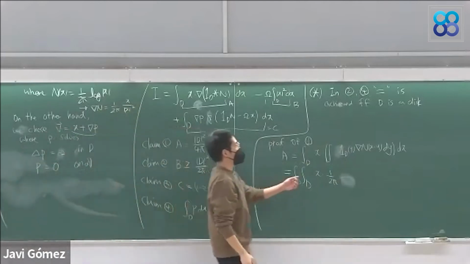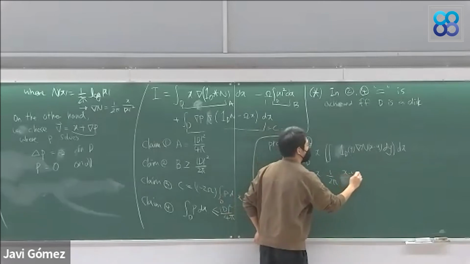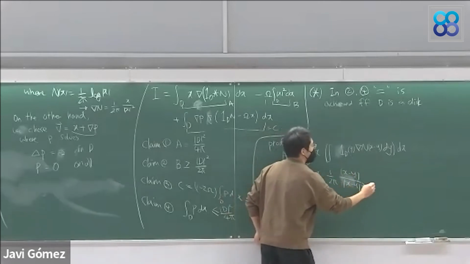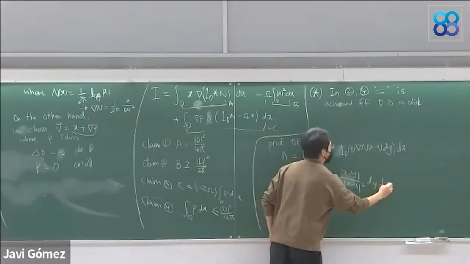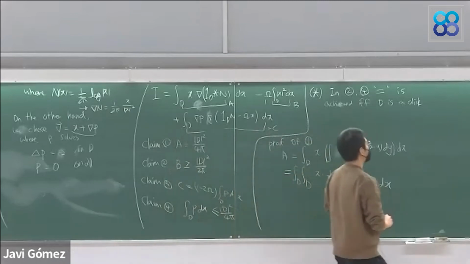So we plug in x minus y instead of x, and we get x minus y over x minus y squared, dy dx.